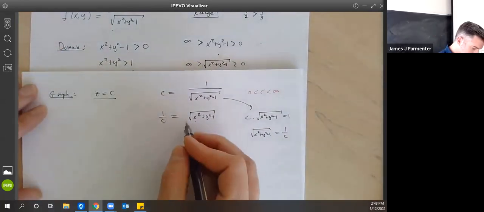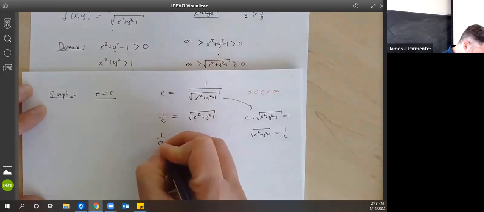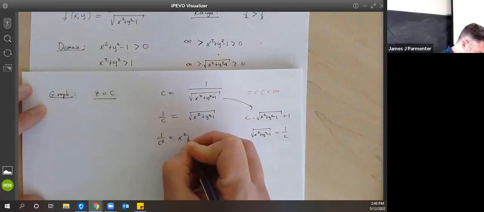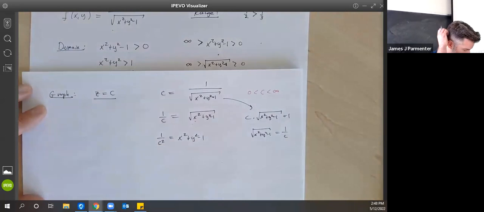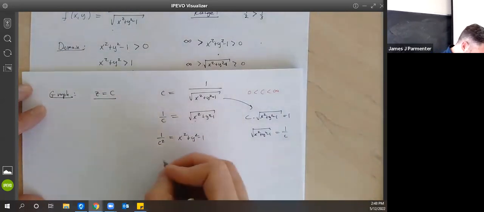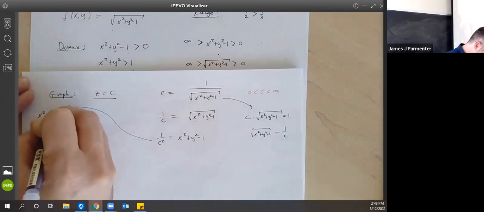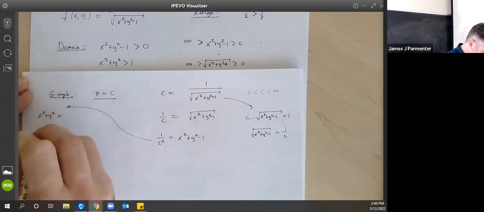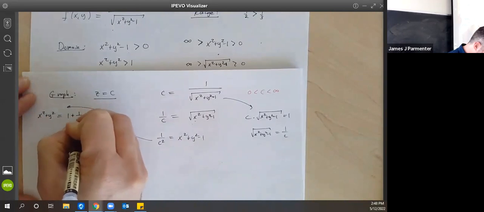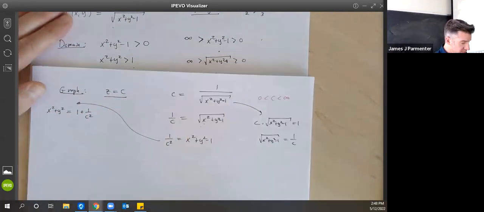And then square both sides. 1 over c squared equals x squared plus y squared minus 1. And finally, add 1 to both sides so that you have x squared plus y squared equal to 1 plus 1 over c squared. So here's what we've got.